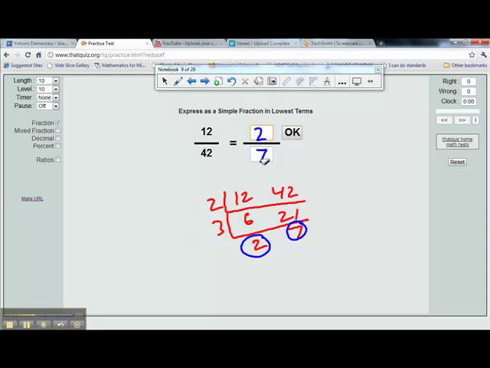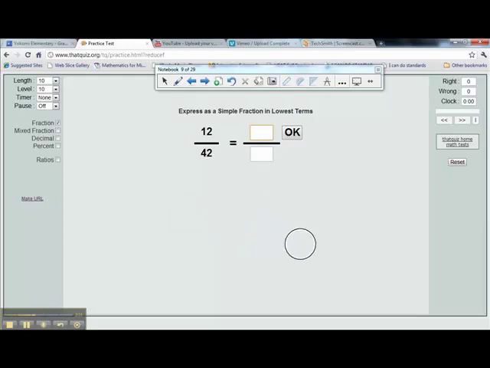Let's solve that another way. Let's try to find the greatest common factor. 12 and 42, and it's 1 times 12, 2 times 6, and 3 times 4, 1 times 42, 2 times 21.